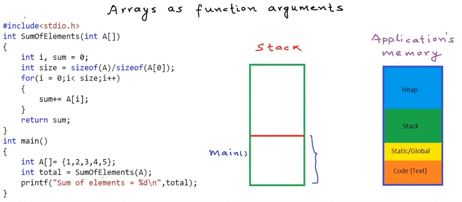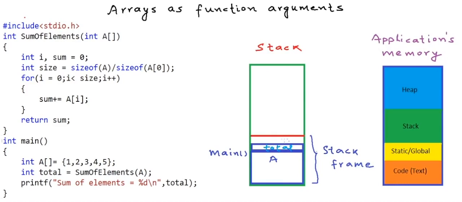Now here in the main method we have two local variables. One is the array A and another is the integer total. If an integer is 4 bytes, exactly 20 bytes would be allocated from this stack frame for the array A, and 4 bytes for the variable total.